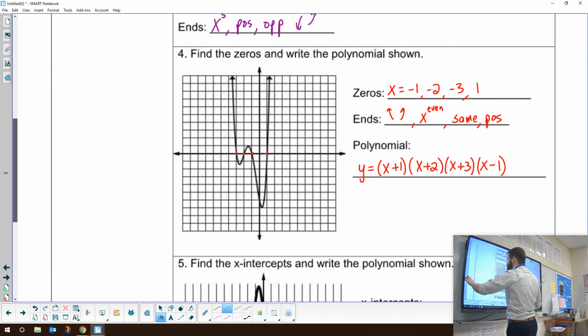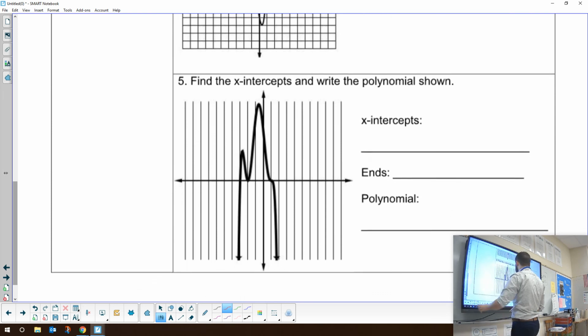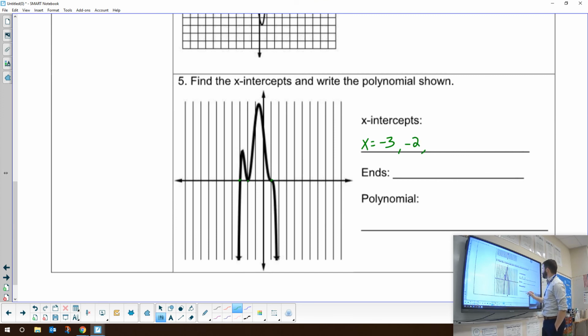All right, now let's see number 5. Okay, so number 5, first off, find the x-intercepts. So my x-intercepts, we're going to have 1 at negative 3, 1 at negative 2, and then 1 at positive 1. Now, we need to take note of a couple things.